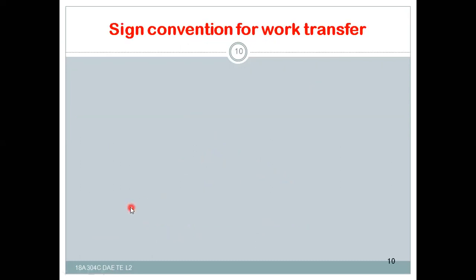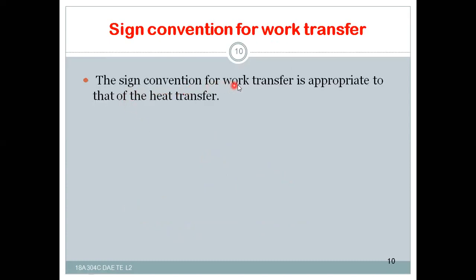Sign convention for work transfer. The sign convention for work transfer is opposite to that of heat transfer.